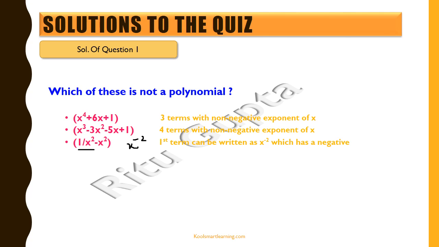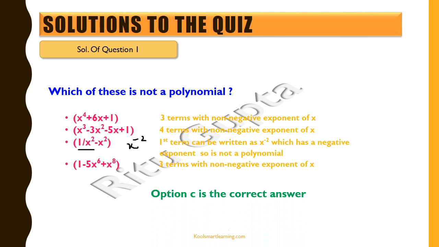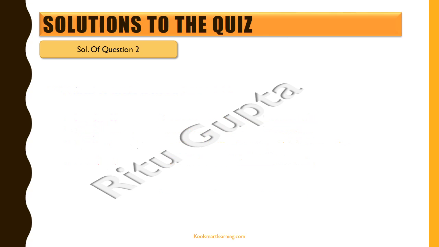So this has a negative exponent of x, so this is not a polynomial. And 1 minus 5x square raised to power 6 plus x raised to power 8, again this is three terms with non-negative exponent of x, which is a polynomial. So the answer clearly is option C.